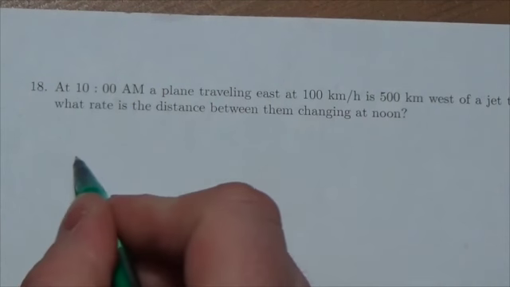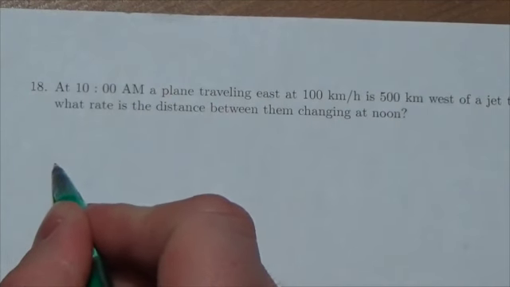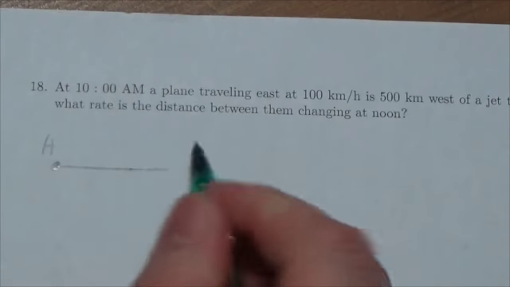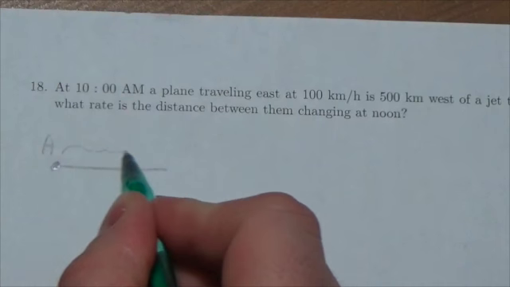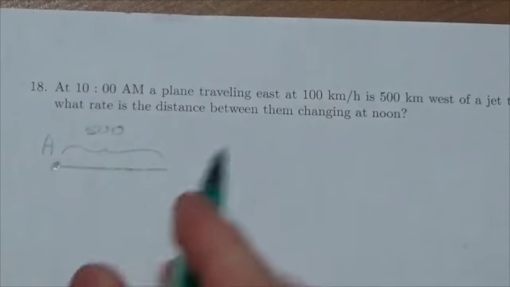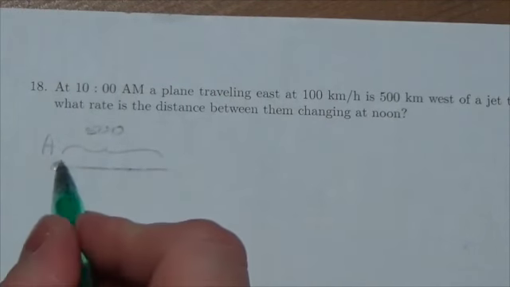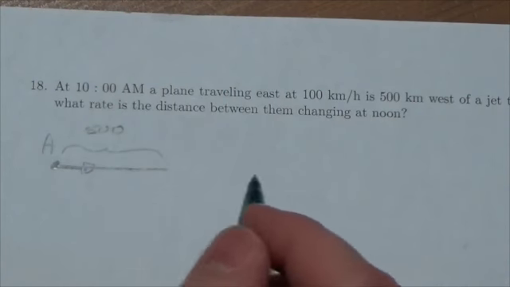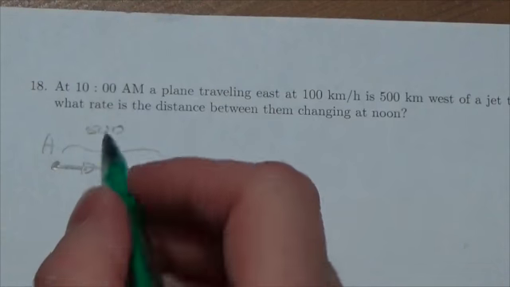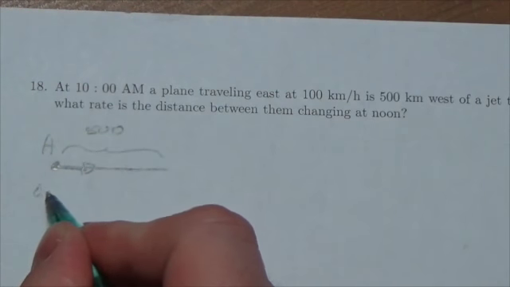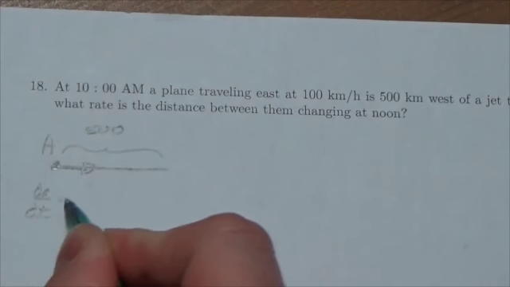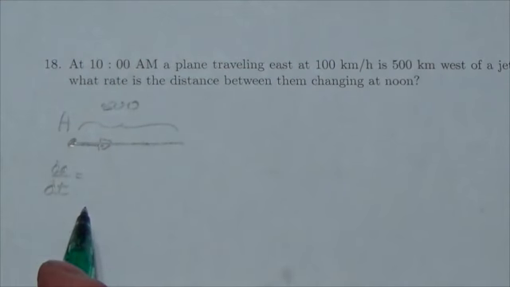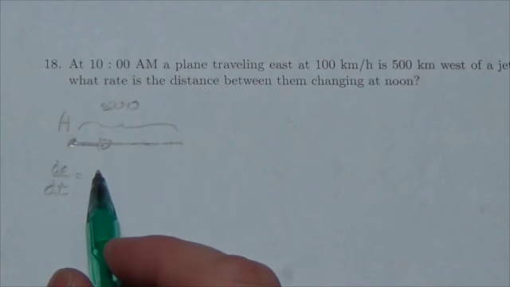Okay, so here's the situation. Here's this plane A. It is 500 kilometers west of a jet. Let's call the distance that it's going little a. I'm going to label this a little differently than in the previous question, just to illustrate a point.